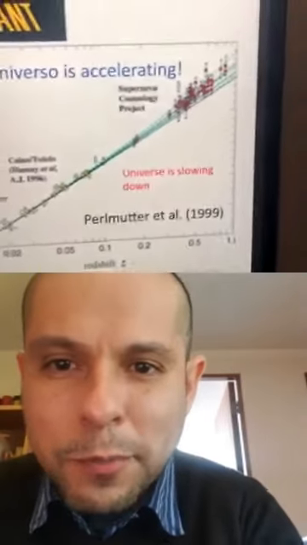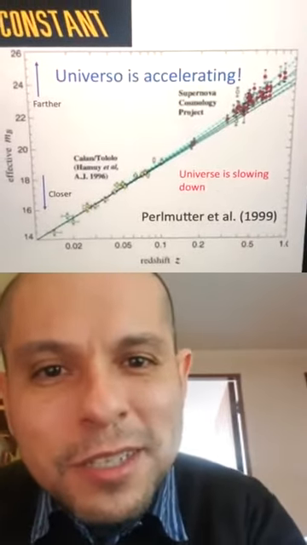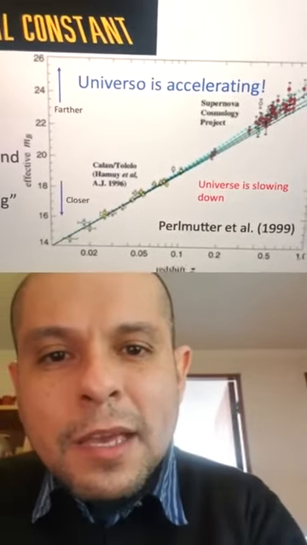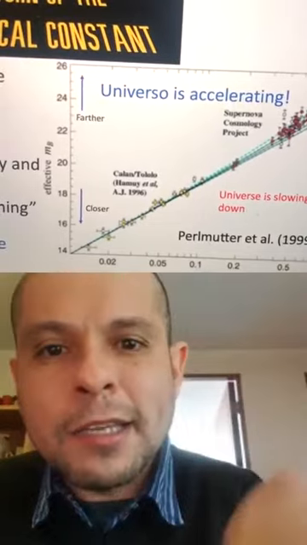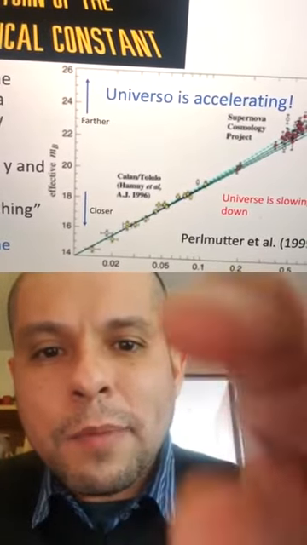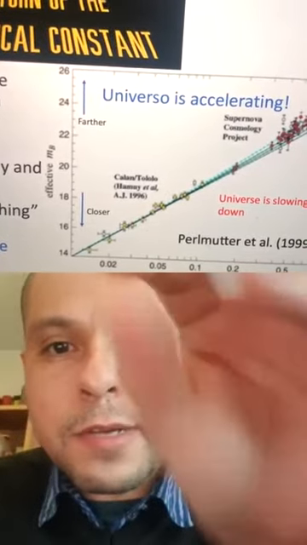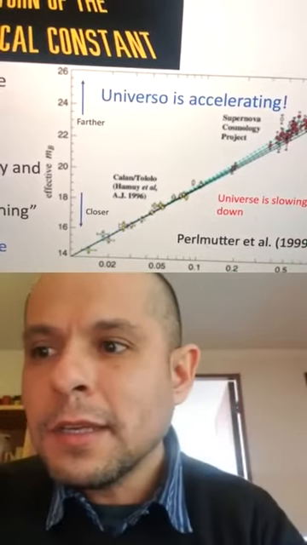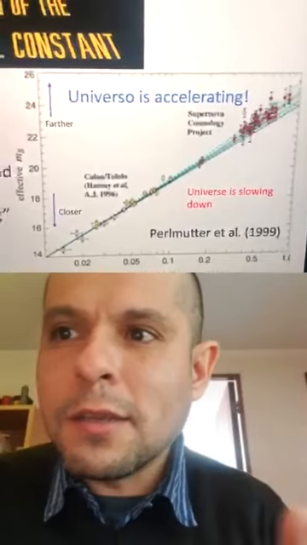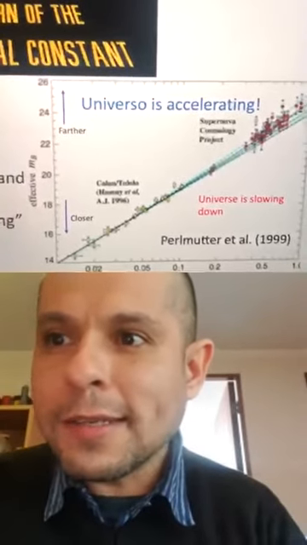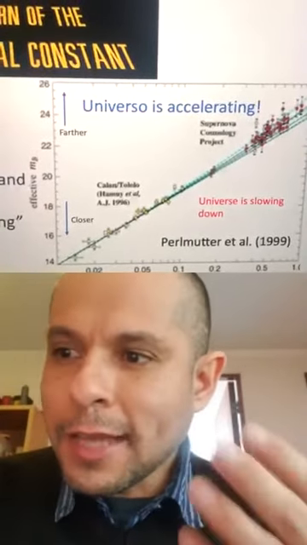Okay, sorry, I put "universo" instead of universe. And it happens that all the points are toward the part that implies that the universe is accelerating. So they could find that the universe is accelerating. Why is it accelerating?